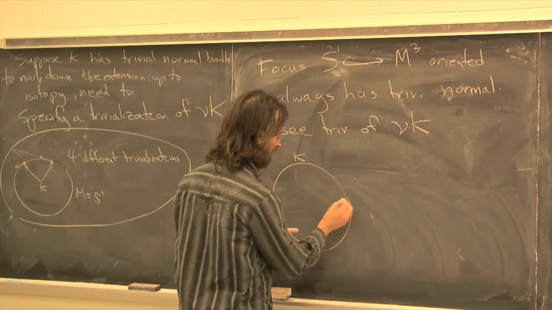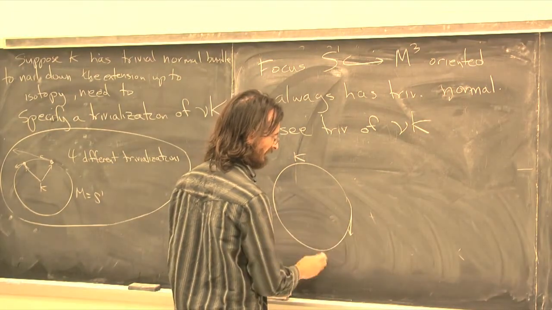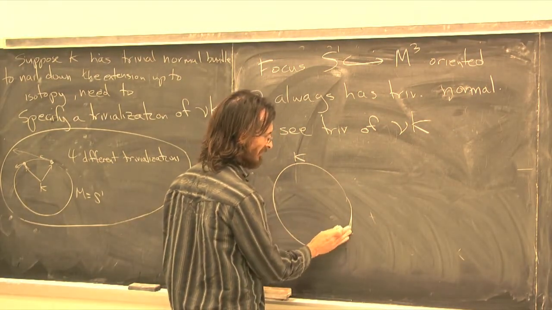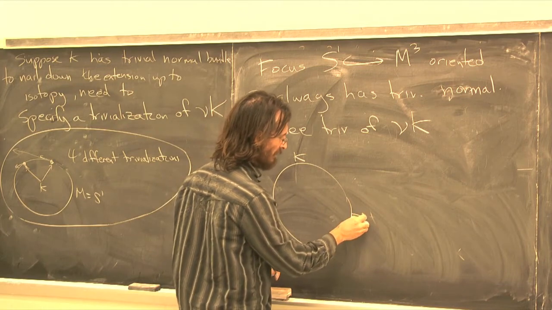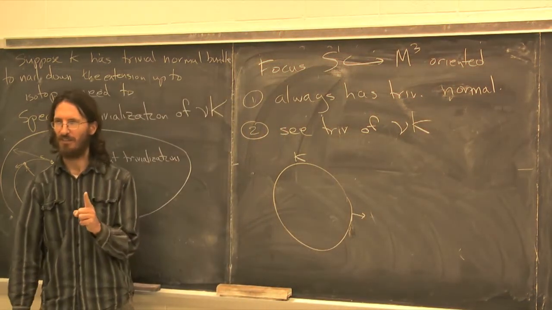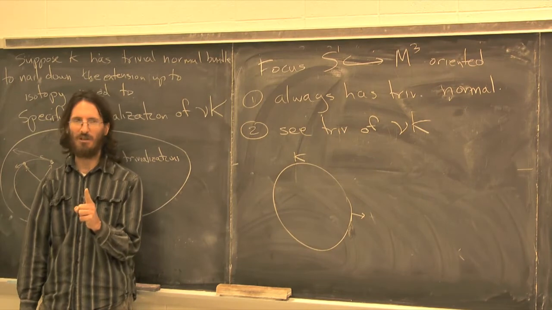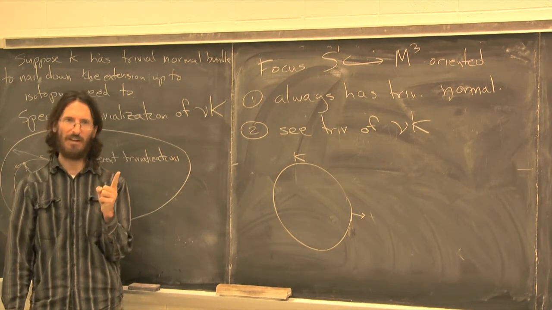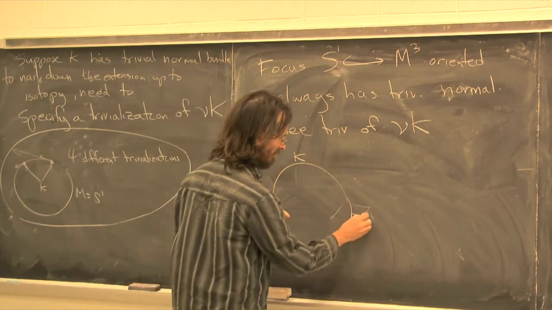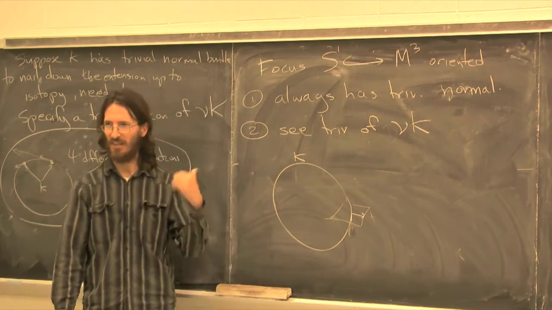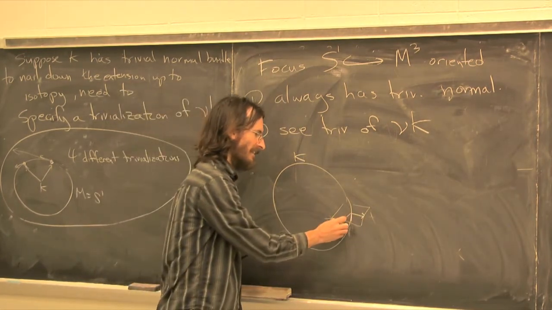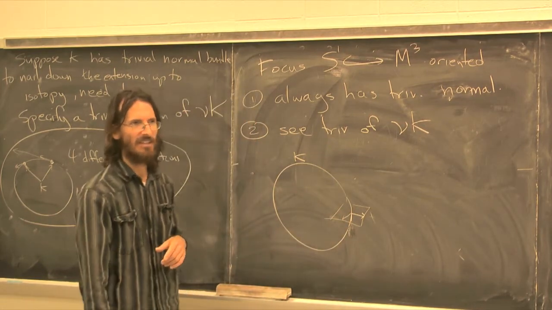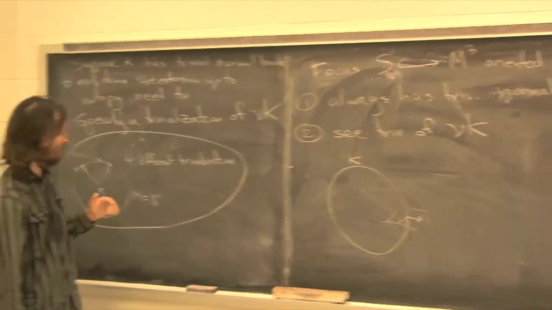So if I orient the knot, then I can go around in one direction. If you think about it, you really only have to draw one vector. Since the normal plane is 2-dimensional, you just draw one vector, and the other one, up to isotopy, is determined. Okay? Actually, this should worry you a little bit.